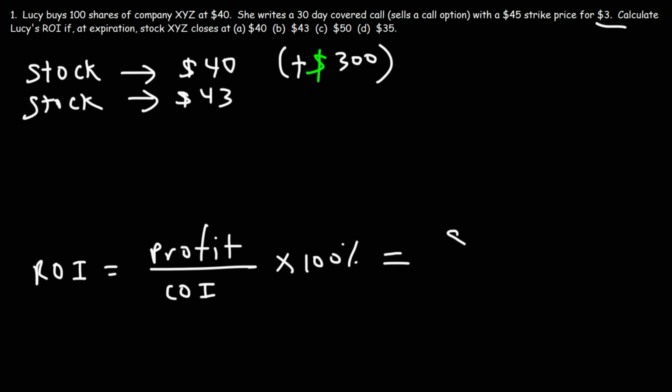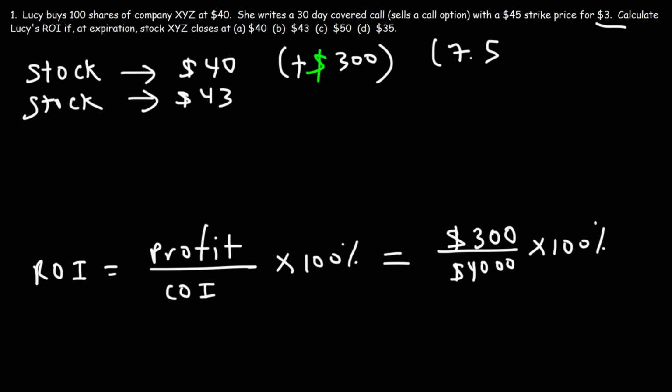In this example, her profit is $300 because she put in $4,000 and she got back $4,300 if she chooses to sell her shares. Her cost of investment was $4,000. And so her ROI for this month was 7.5%, which is not bad. So that's pretty good.